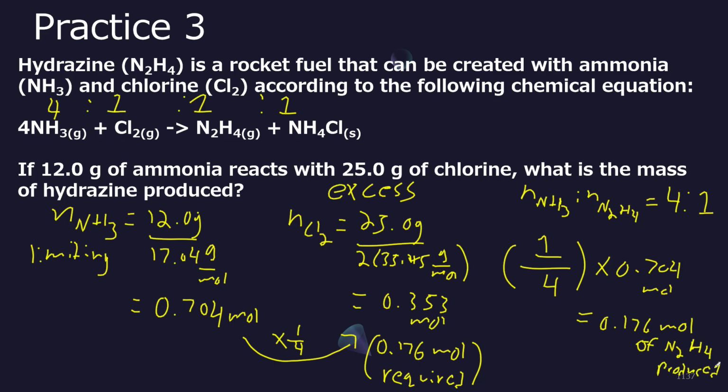All right, then finally, we have to change that into grams. So mass equals moles times molar mass. We have our moles, 0.176. Multiply this by the molar mass of hydrazine.